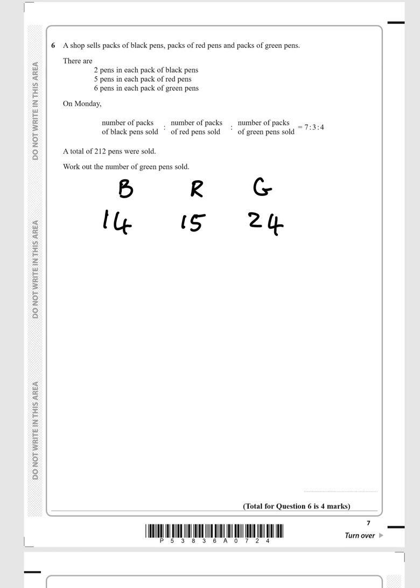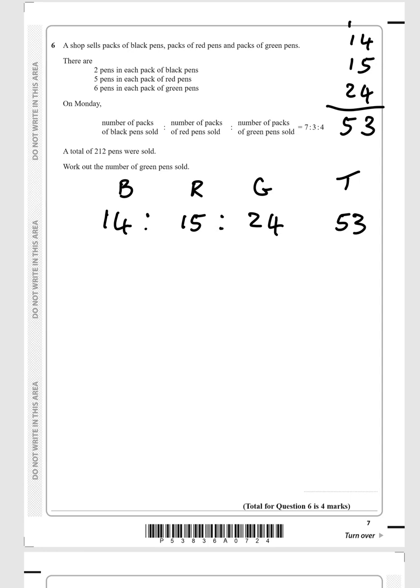Well, if we add those together, we will get how many pens we sold if we sold the pens in that ratio. So if we add those together, that's 4 add 4, that's 8, 14 add 15 add 24 gives us 53 in total. So I'm going to put a little T there for total, and they are in that ratio at the moment.